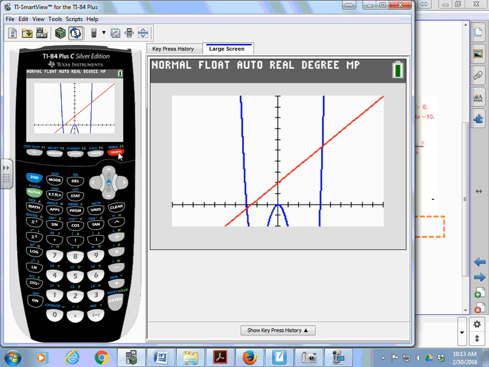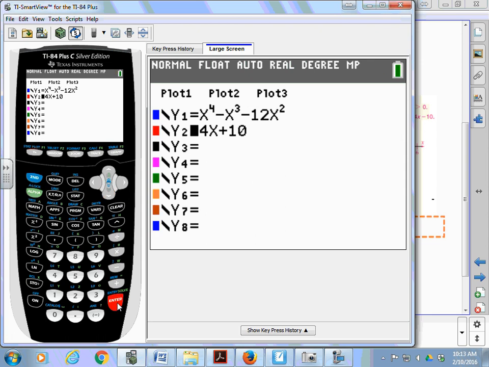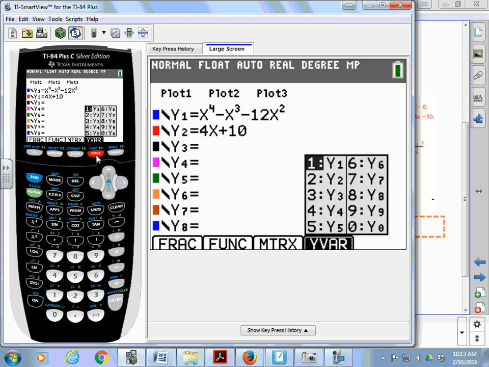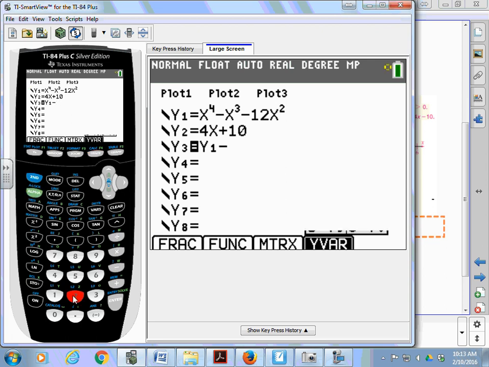Okay, so in yours that you have, all right, let me, remember what I need to do here? Okay, y1 minus y2, right? So alpha trace y1 minus alpha trace y2.